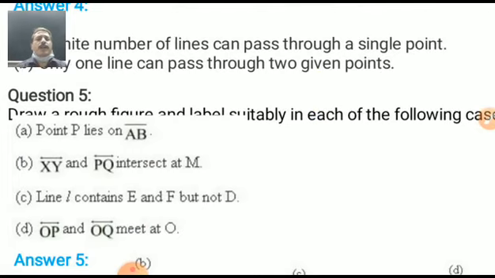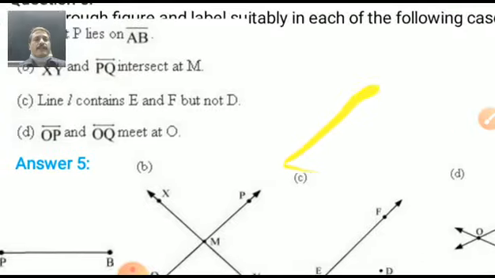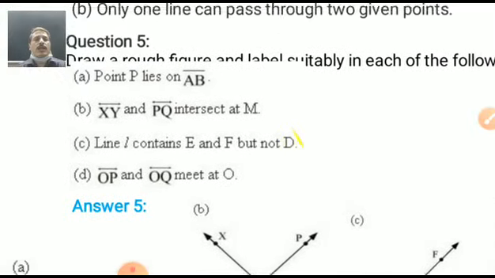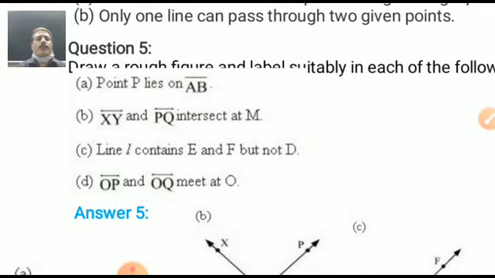Now look at question number 5. Draw a rough figure and label suitably in each of the following cases. A. Point P lies on line segment AB. B. Line XY and line PQ intersect at point M. C. Line L contains E and F but not D. D. Line OP and line OQ meet at point O. Very good question.